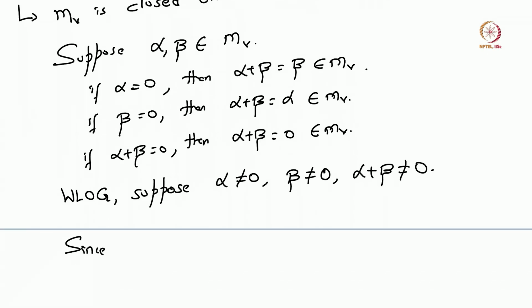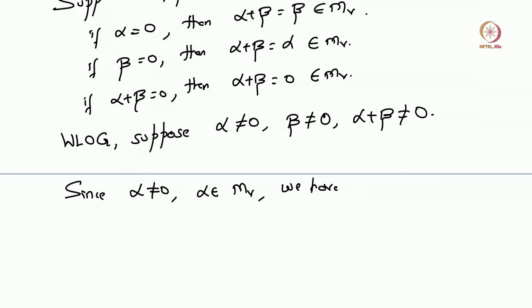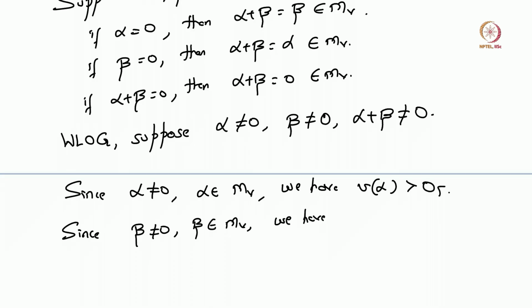Since alpha is not 0 and alpha belongs to MV, its valuation must be strictly larger than the identity element of gamma, and similarly, since beta is not 0 and it belongs to MV, its valuation is strictly larger than the identity element of gamma.